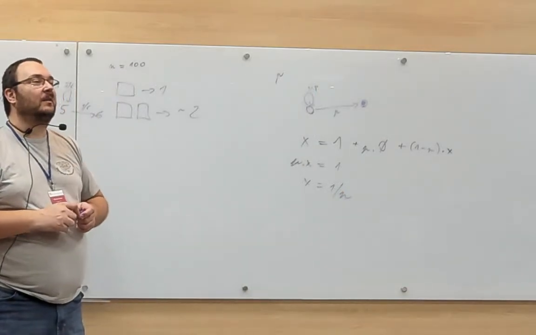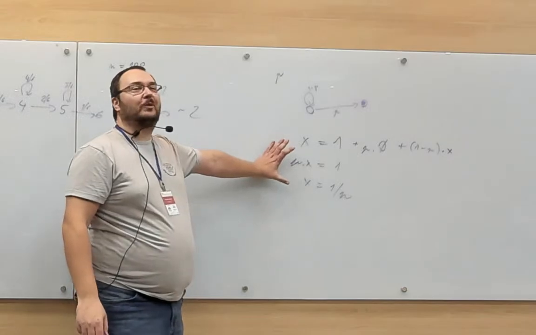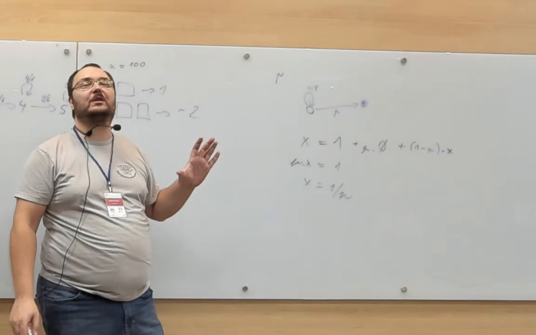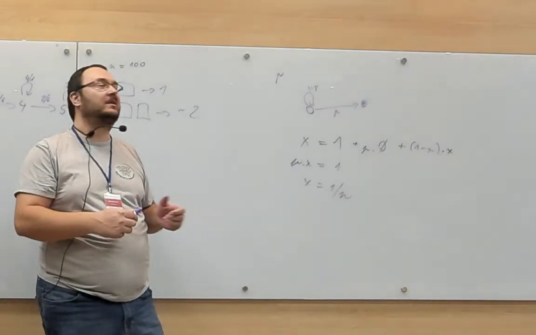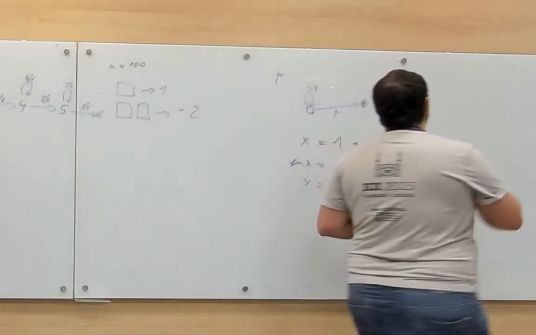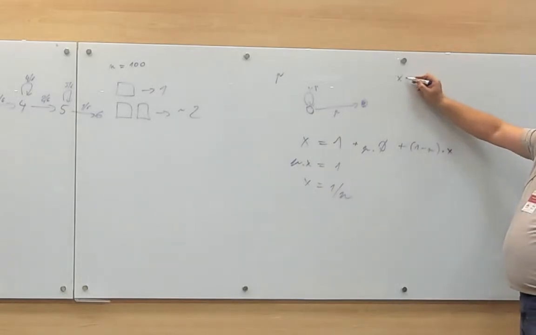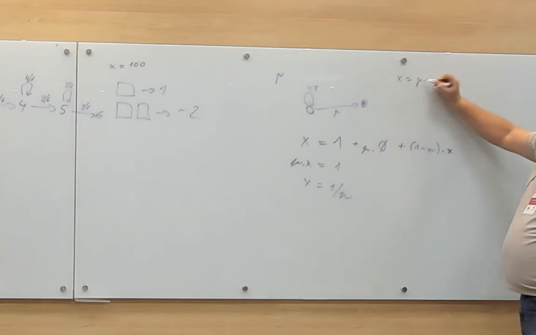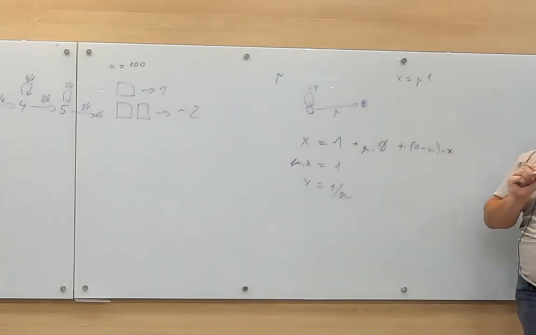Again, this is a trick, but it's a very, very useful trick because it prevents you from doing the computations the hard way. So the hard way would be that you can express x also as follows: with probability p, it happens already in the first attempt. So with probability p, the answer is 1.